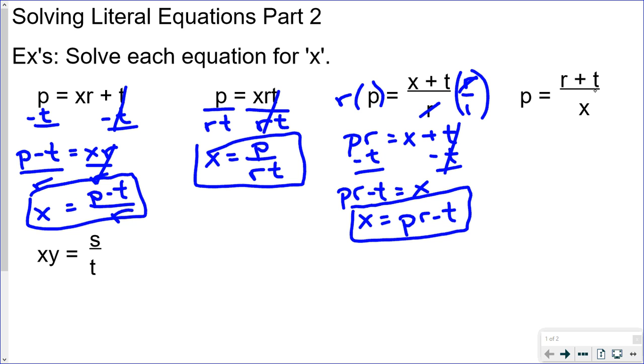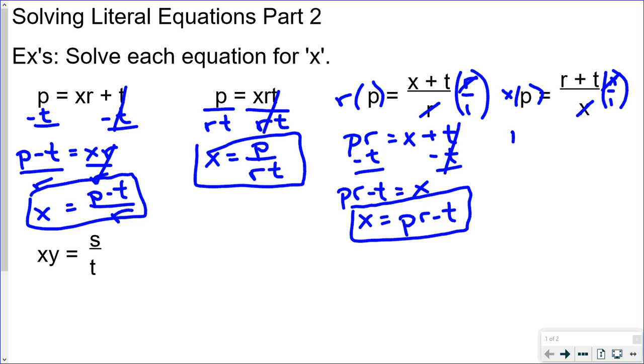Now on this one, it's very similar, except that the variable in the denominator is actually what I'm trying to solve for. But I'm still going to do the same first step. I'm going to multiply both sides by x. So these x's cross simplify to 1.